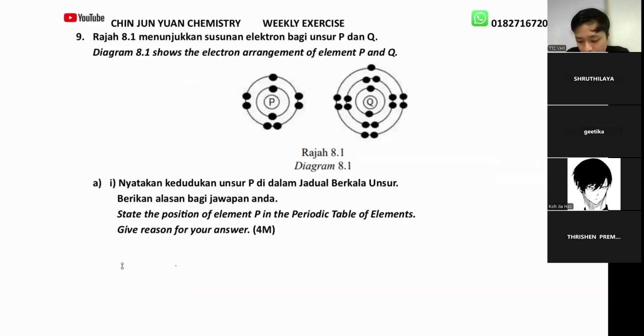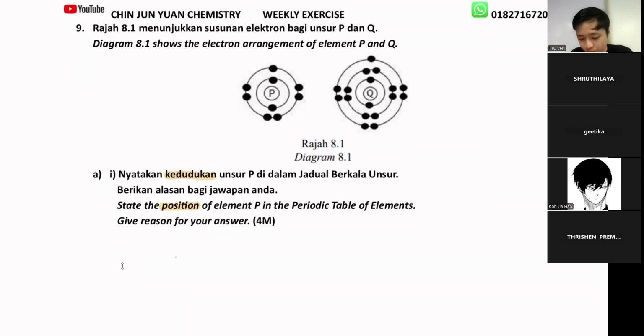State the position of element P in the periodic table. If you see position, or kedudukan, they talk about the position in your periodic table, right? You have group 1, group 2, until group 18, and also period 1, period 2, period 3.